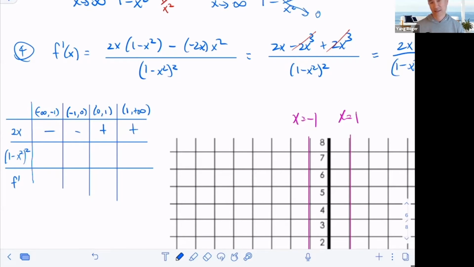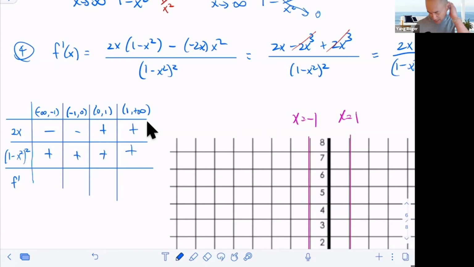Does that make sense? And what do you notice about the sign of this guy? What happens when you square a number? What does that do to the sign? That's right, Benny. It's always positive. So I could just put plus, plus, plus, plus here.